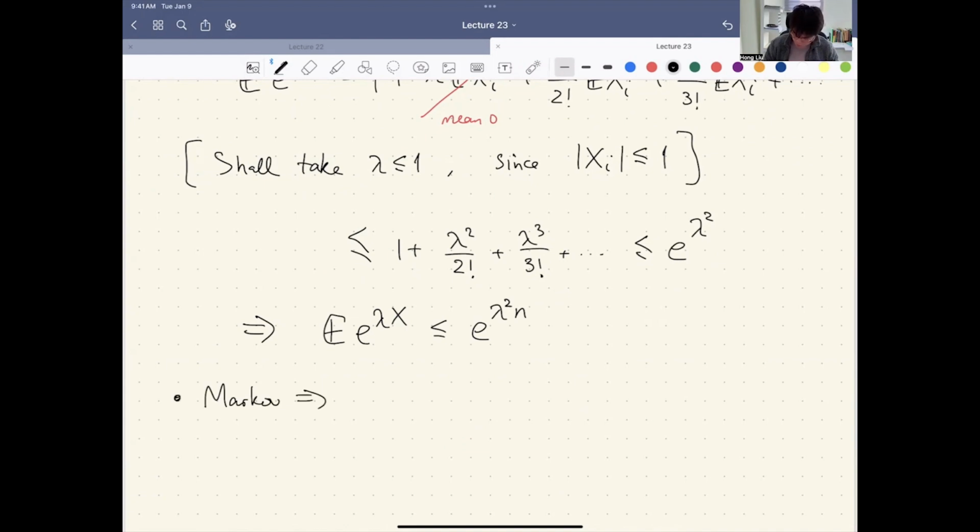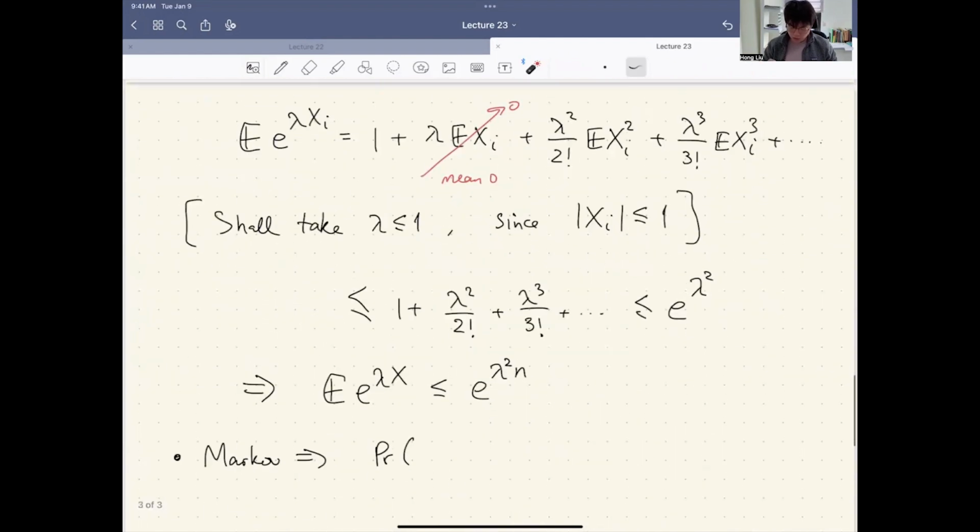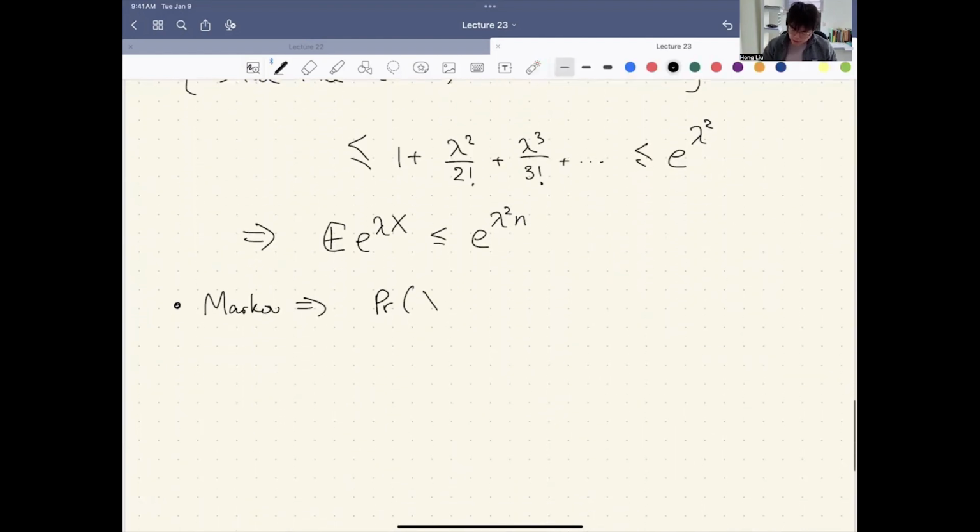implies probability, the bad event we want to bound is x deviate away from mean by epsilon n. So probability that x is at least epsilon n is at most the expectation of, okay, first let's write it in this little trick.